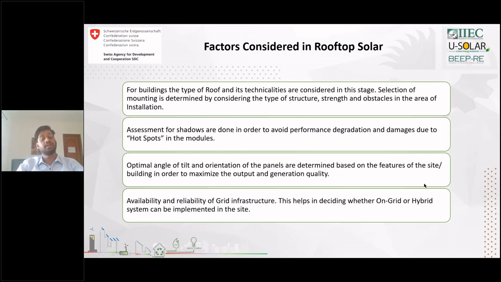The third type of system, which is newly available in the market, is called a hybrid system. A hybrid system is basically a combination of on-grid and off-grid systems. An off-grid system is completely isolated from the grid, but a hybrid system will integrate the grid also.